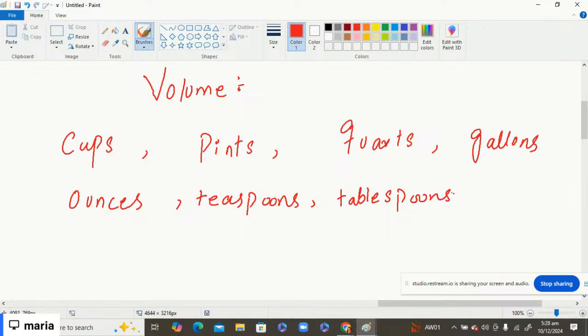Now I'm going to write one by one which is the smaller and which is the bigger unit. I'll also give you some examples so you can better understand which one is used for which thing. Let me tell you everything in detail, and you write it down.